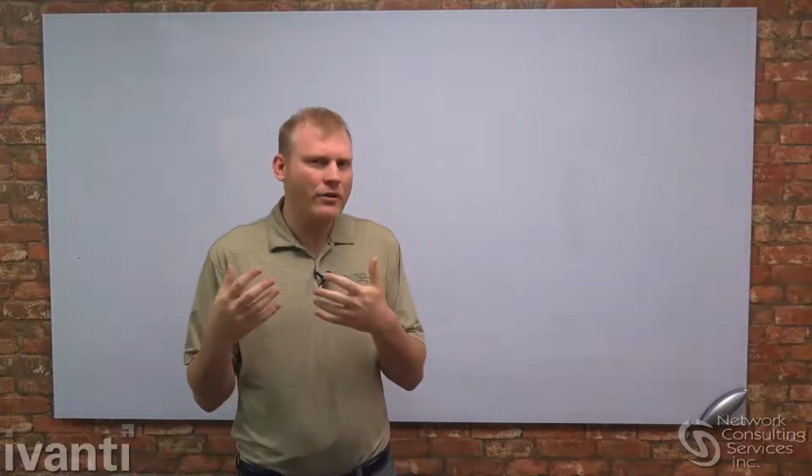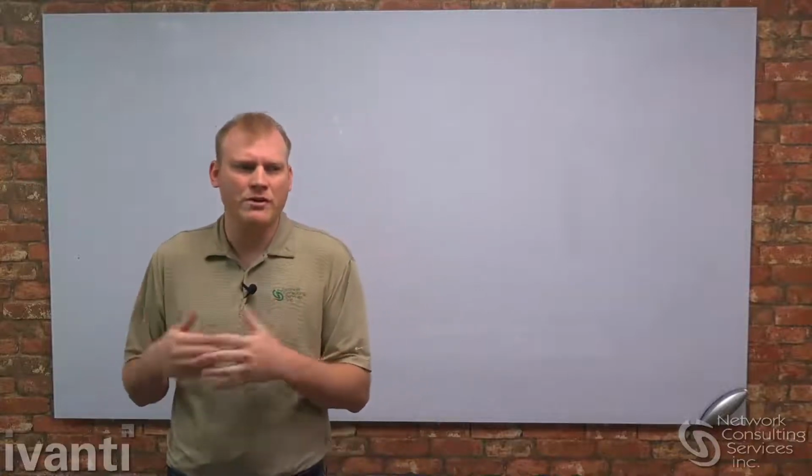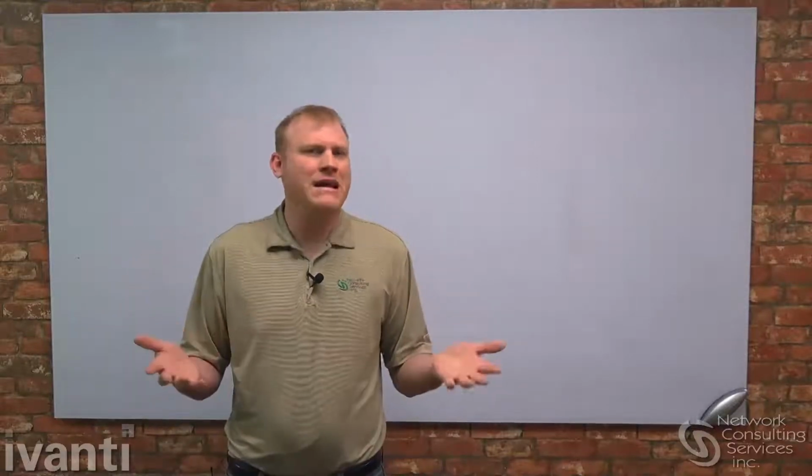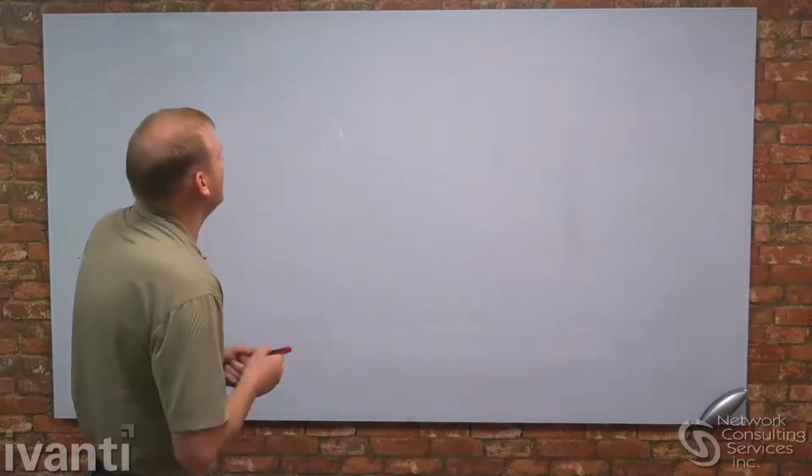But you've probably heard some other talk out there, some other discussions about things like co-management. What is co-management? What does that really mean? And how does that fit into modern device management, mobile device management, and traditional, all this kind of a big mush. So let's kind of break that down a little bit.